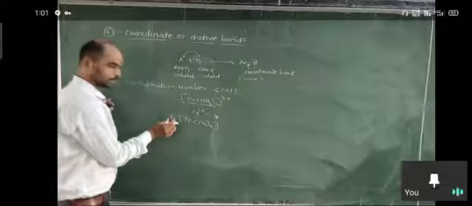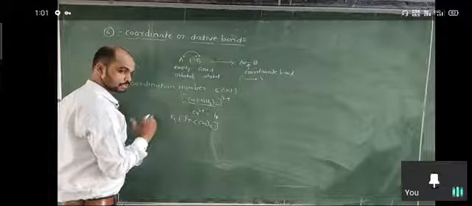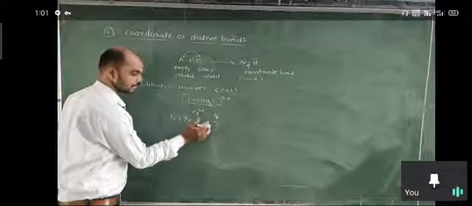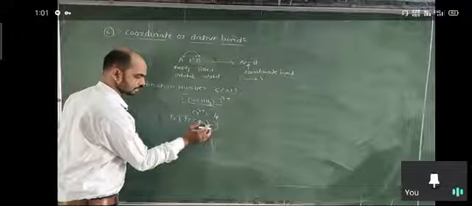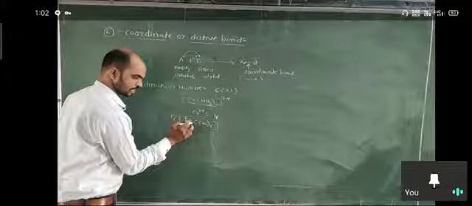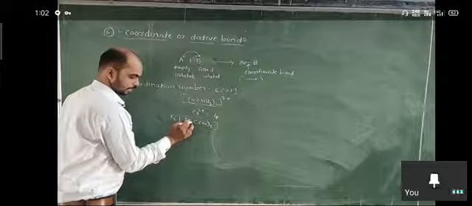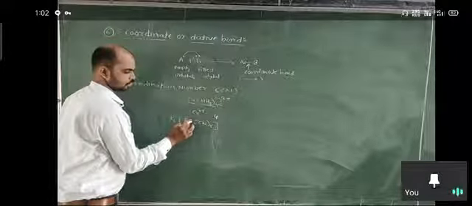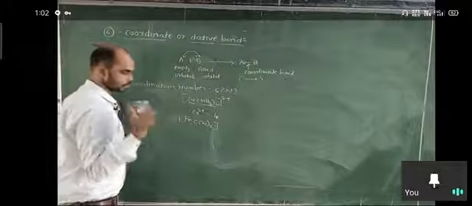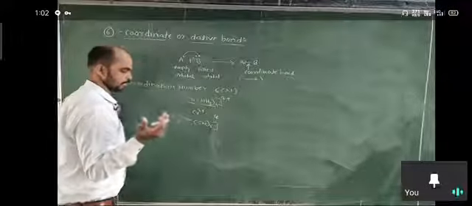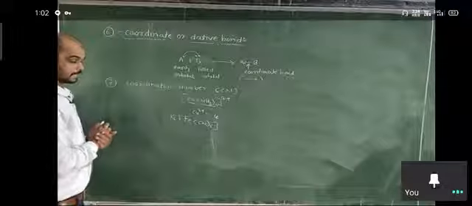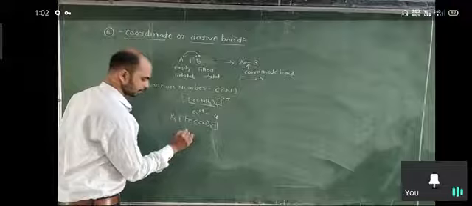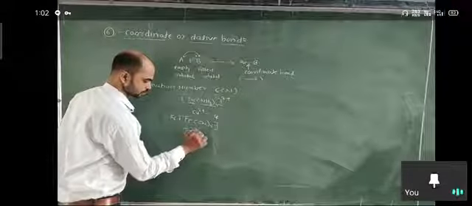Here K4 is the cation outside the square bracket, but inside the square bracket, how many cyanide ions are present? 6 cyanide ions are present, directly attached to this Fe ion, the Fe2+ ion, because Fe has +2 oxidation state. How to calculate the oxidation state? When we discuss the nomenclature topic, at that time we will discuss in detail how to calculate oxidation states. So here Fe is present in the +2 oxidation state.